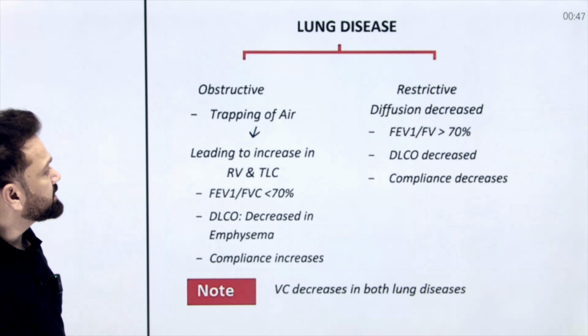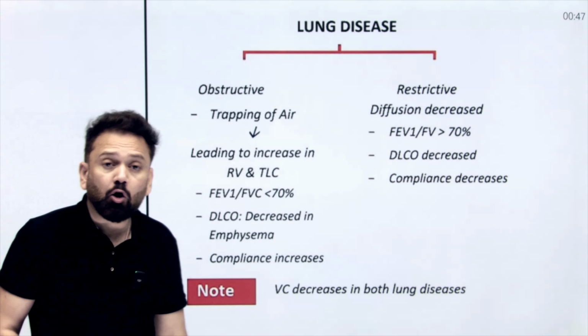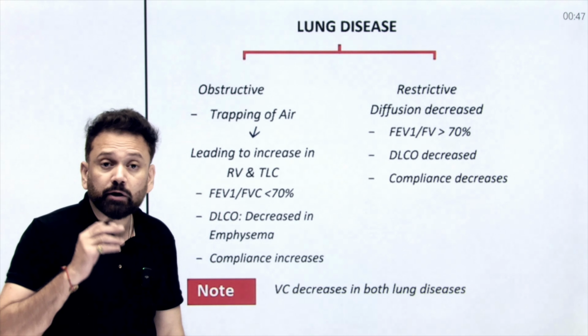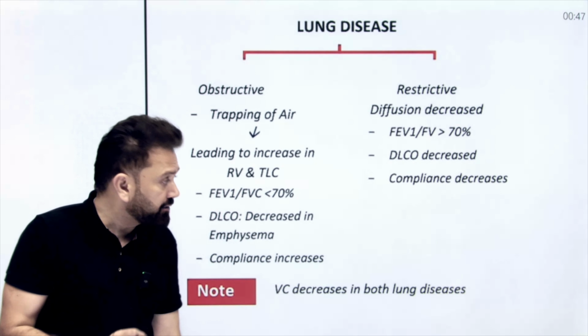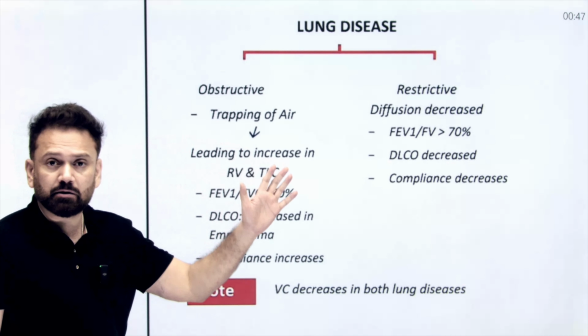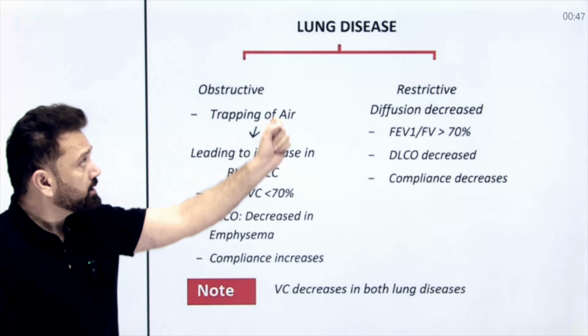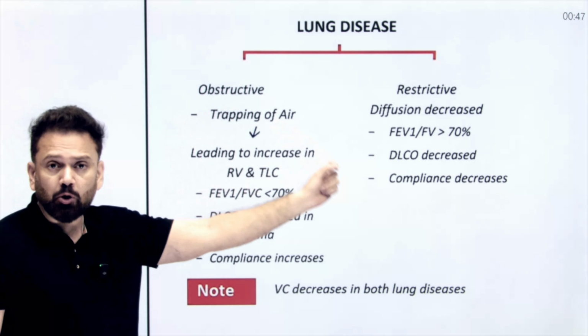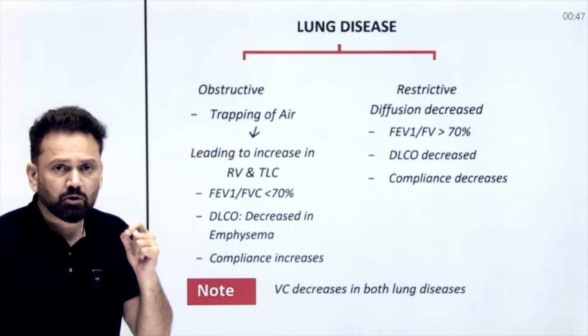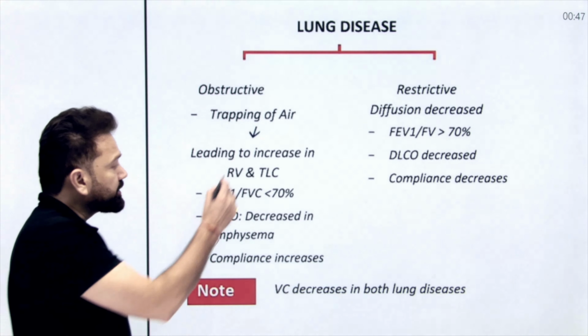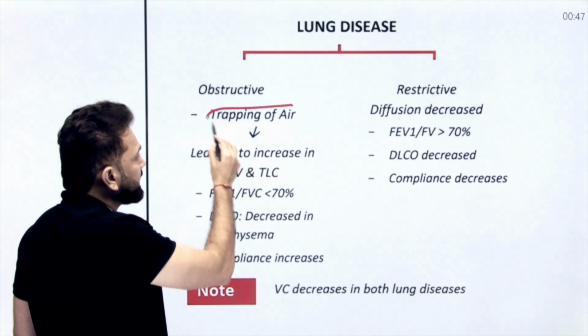Now about lung disease, you can solve all the MCQs, answer all the viva voce questions and the clinical questions if you understand this flow chart. This is a wonderful flow chart. Lung diseases are of two types, obstructive and restrictive. Whenever someone is showing obstructive lung disease, what should come to your mind? There is always trapping of air.